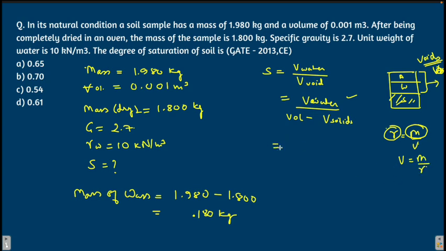So mass of water, we have just calculated, 0.180 kg. Now what is the density of water? Density of water is 1000 kg per meter cube.